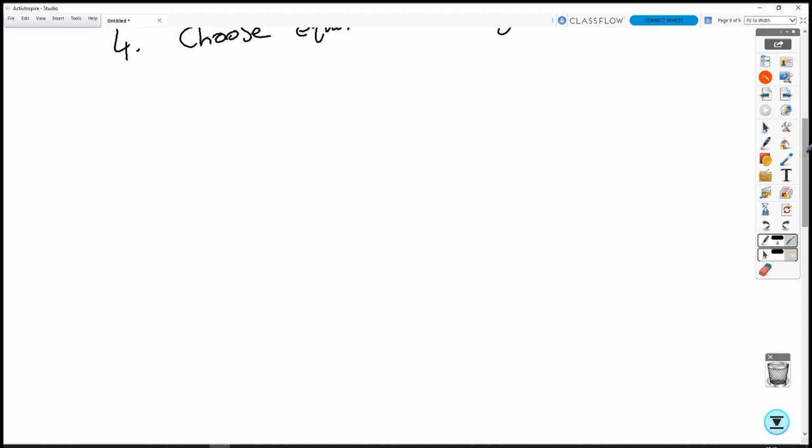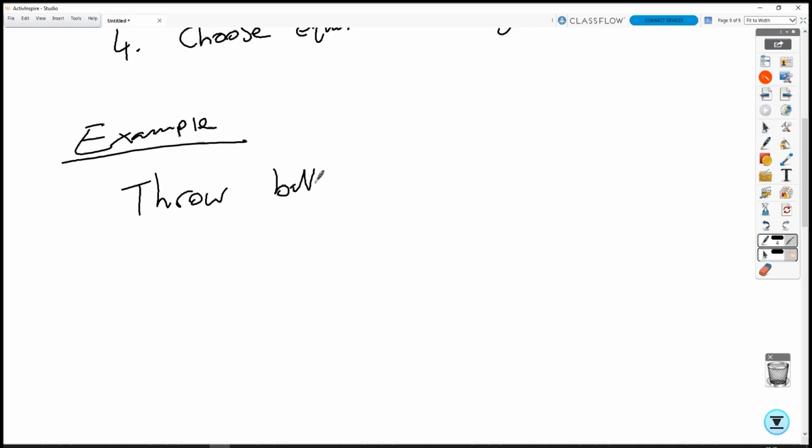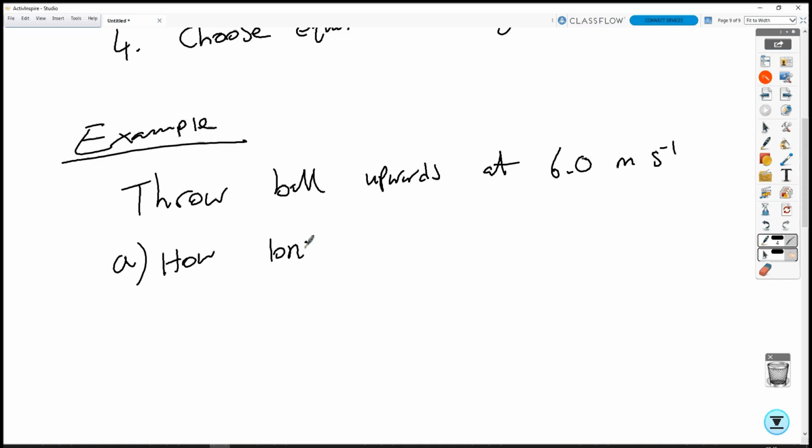Let's do an example question. So we throw a ball upwards at 6.0 meters per second. So A, how long does it take to reach the top?